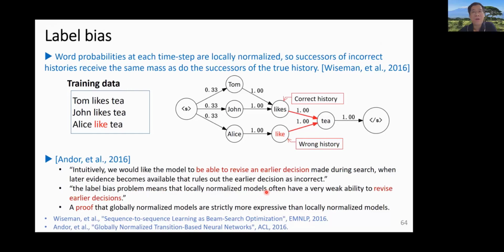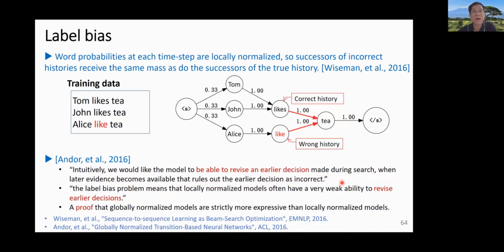Okay, in locally normalized models, we see that the word probabilities at each time step are locally normalized. So successors of an incorrect history receive the same total mass as do the successors of the true history. This will cause some problems. Intuitively, we would like the model to be able to revise an earlier decision made during search when later evidence becomes available that rules out the earlier decision as incorrect.